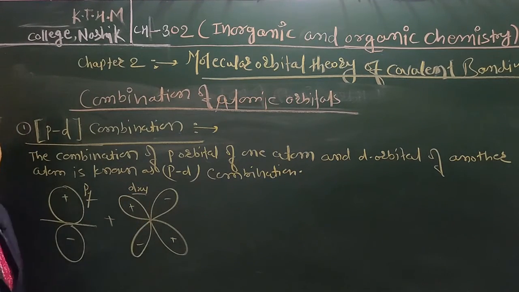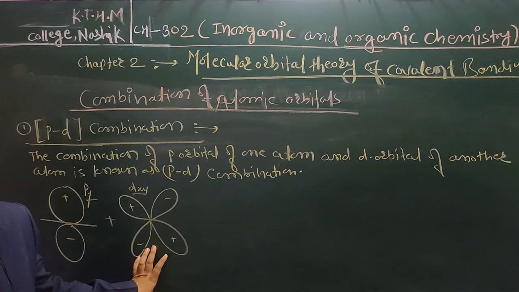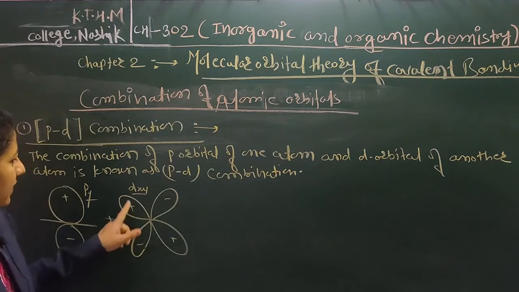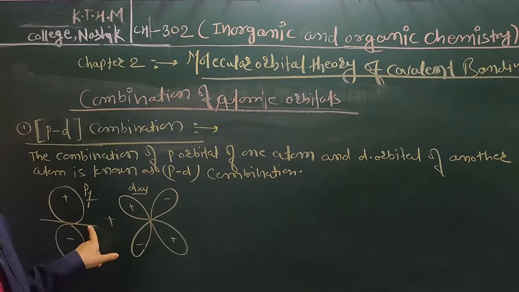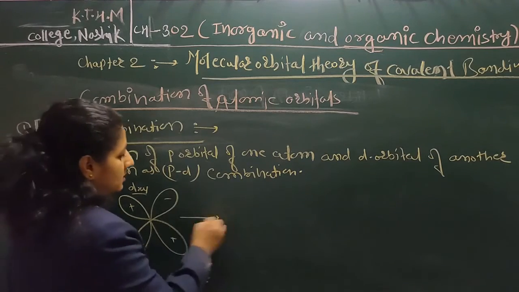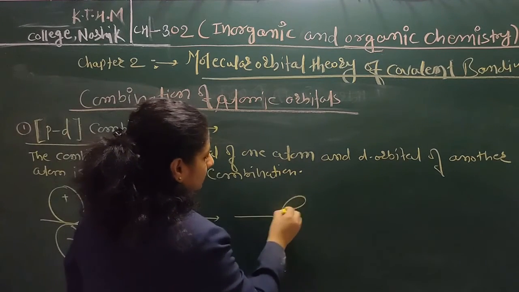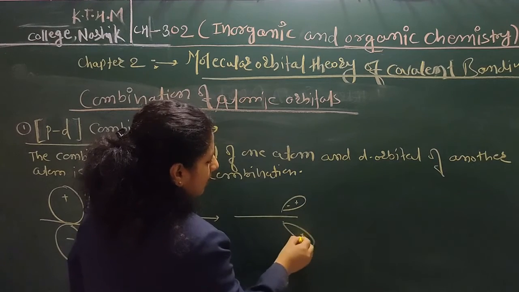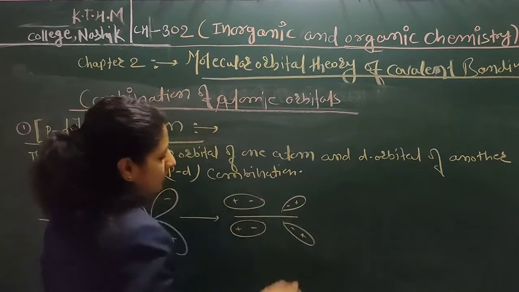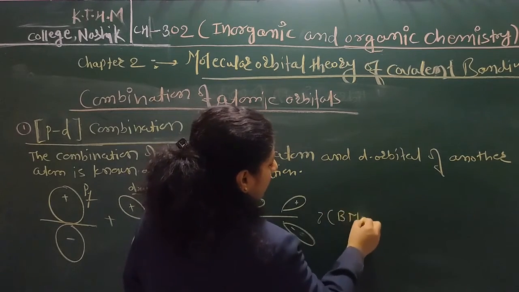In the d orbital there will be 5 suborbitals, that is dxy, dyz, dzx, dx squared minus y squared and dz squared. So here we are going to discuss the dxy orbital with the py orbital of p. Then there is the sigma bonding molecular orbital.